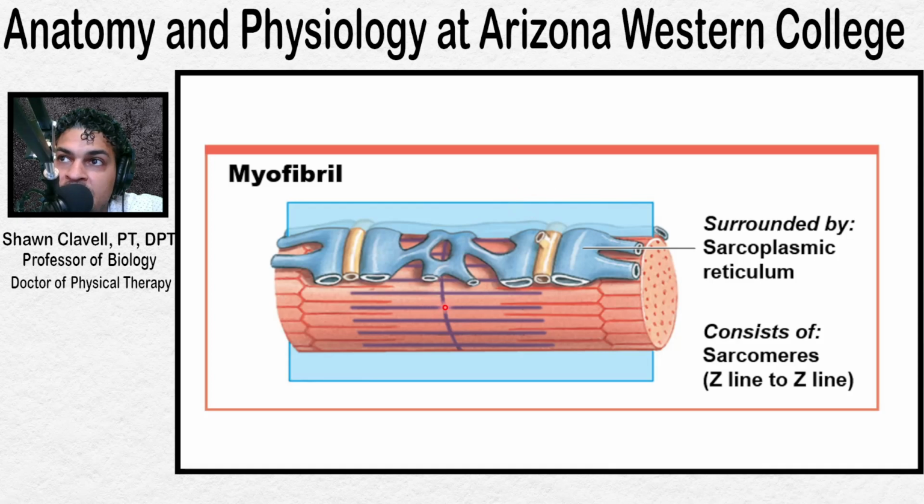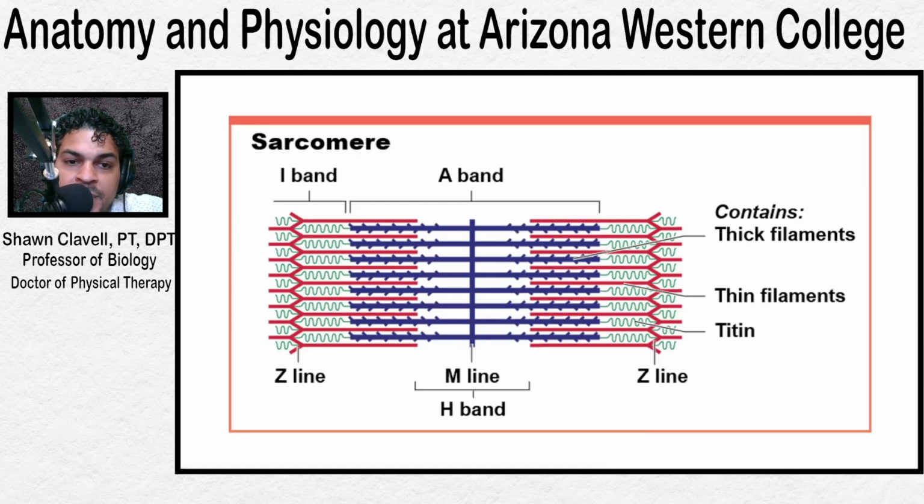There's a specialized endoplasmic reticulum covering called the sarcoplasmic reticulum. And again, each myofibril is made up of sarcomeres, right? From one Z line to another Z line, we define the sarcomere. It has alternating thick and thin filaments, as you can see here.